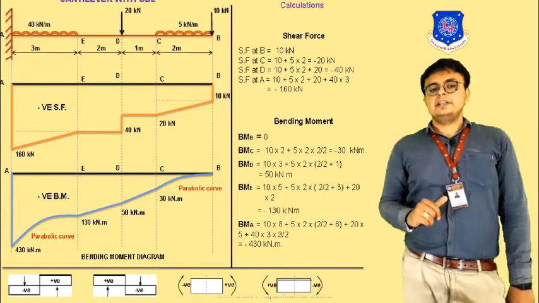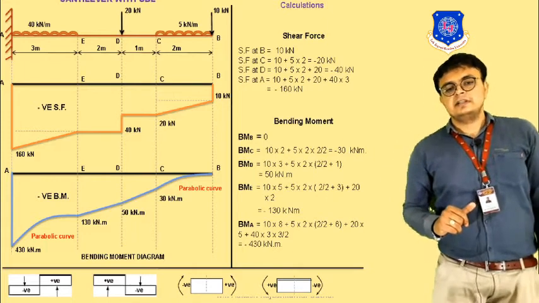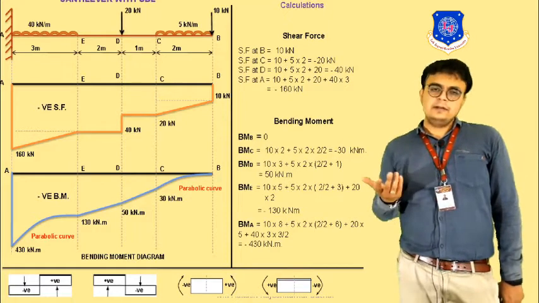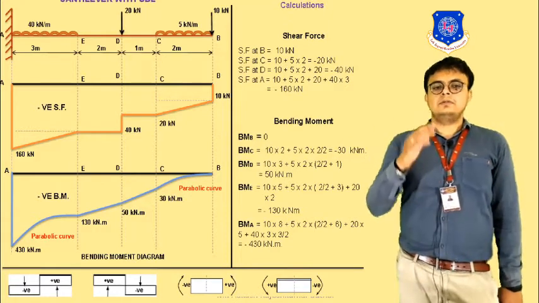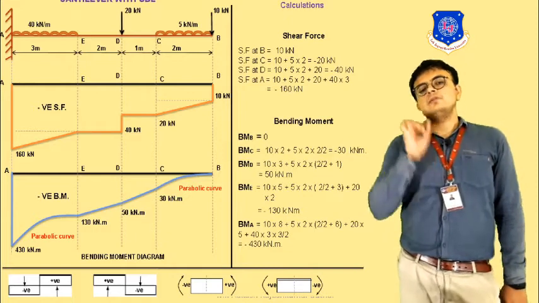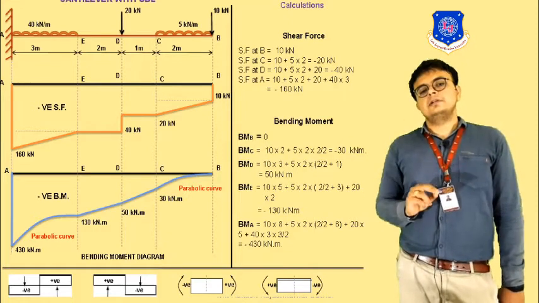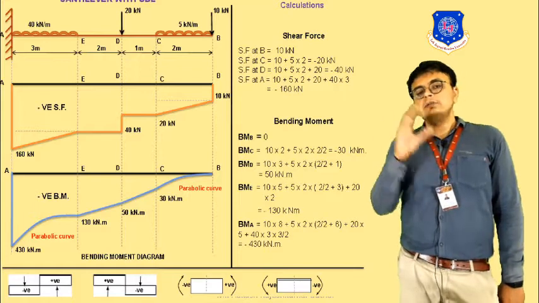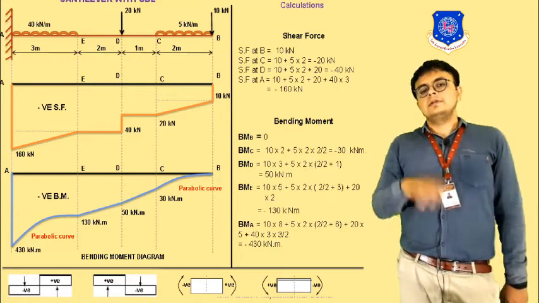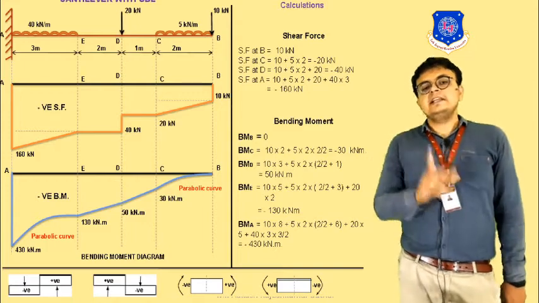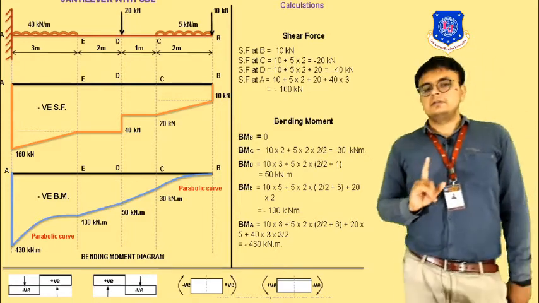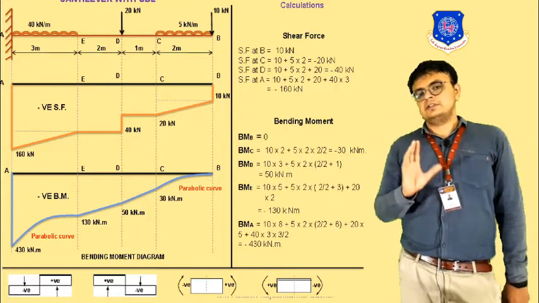Further, taking the bending moment at E. Again we will be moving from B. First of all, we will be taking the bending moment because of 10 kilonewton. So 10 into the lever arm, and the lever arm from B to E is 2 plus 1 plus 2, that is 5 meter. So 10 into 5 is the first moment.